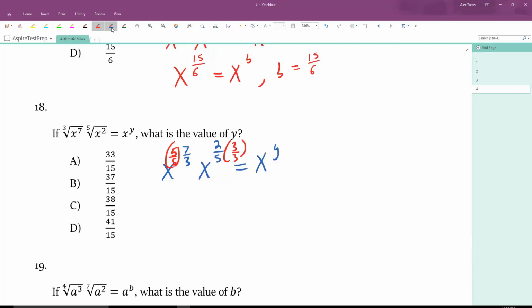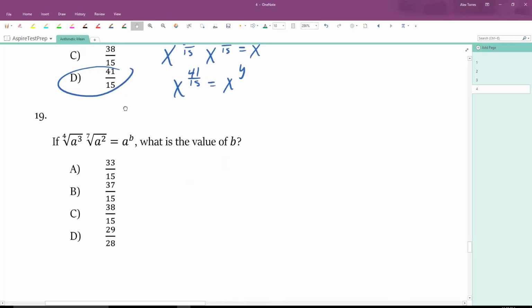So for the first exponent of x, we have x to the 35/15 and x to the 6/15 equals x to the y. 35 plus 6 is 41, so we have x to the 41/15 equals x to the y, and y equals 41/15.